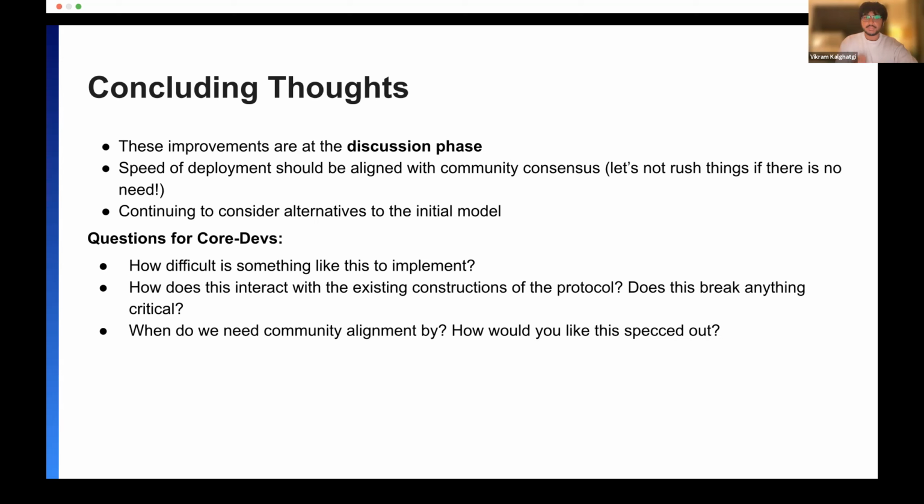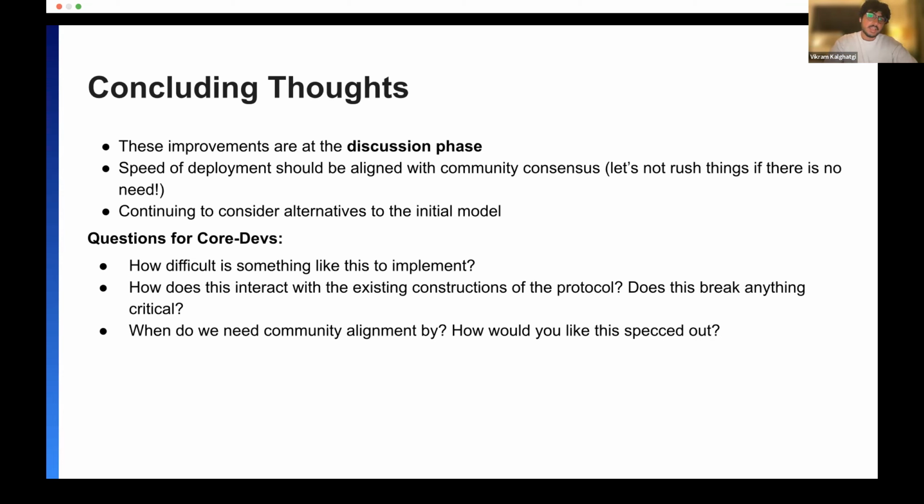But we do think that given the current state of the network and the economy, this is preferably implemented earlier rather than later, pending alignment with all parties. We also are definitely open to considering alternatives to the initial model. We just wanted to present something that things could look like, but there are certainly potentially better solutions out there.